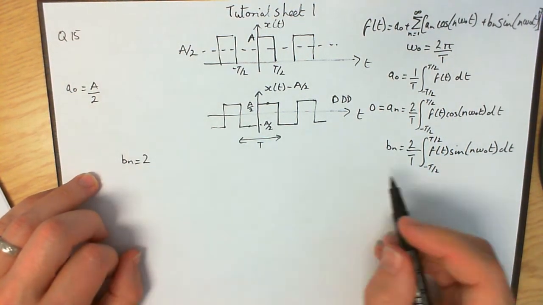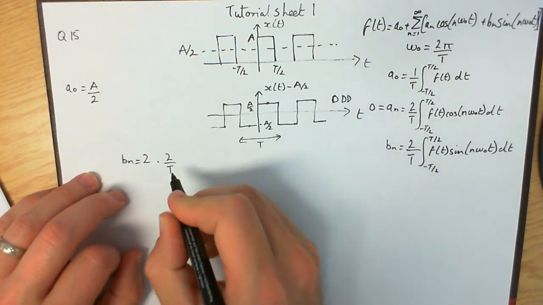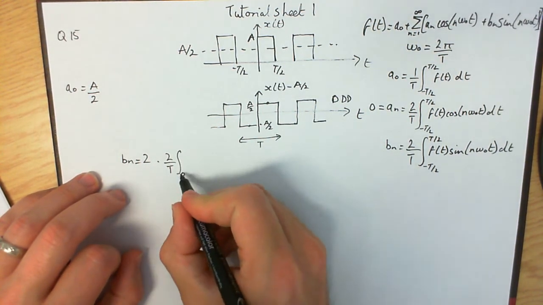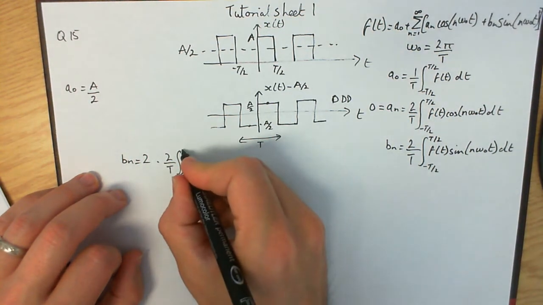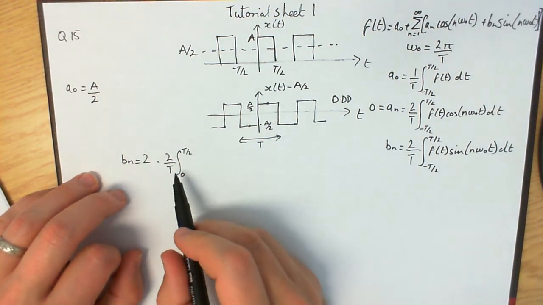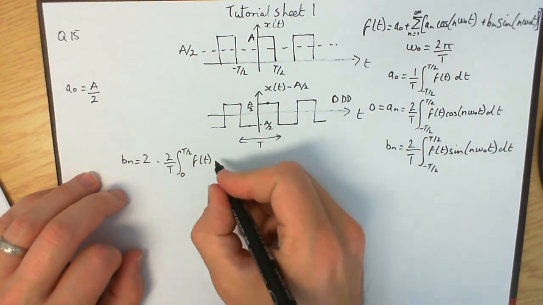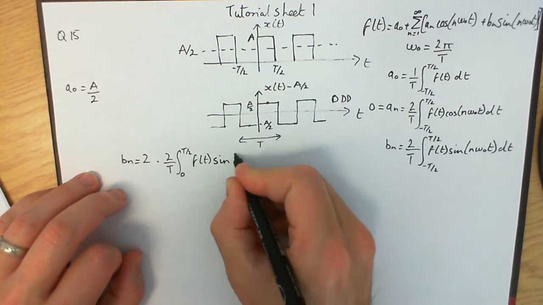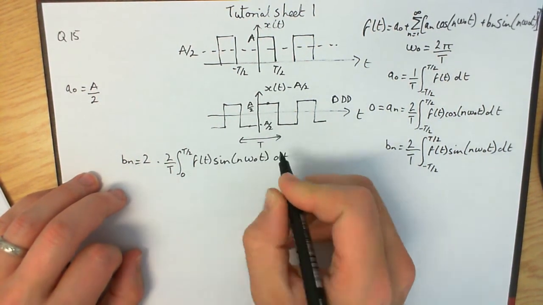So what we're left with is determining bn, and because it's an odd function, bn is now twice the integral from, rather than minus T over 2 to T over 2, 0 to T over 2 of 2 over T times f of t sine n omega naught t dt.